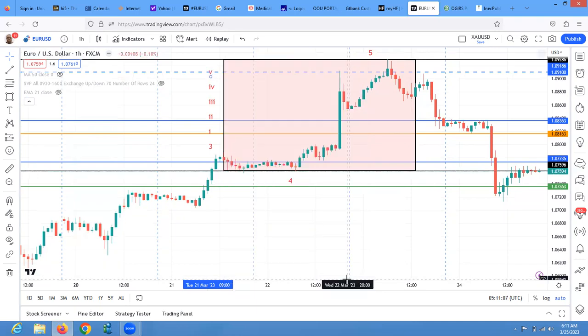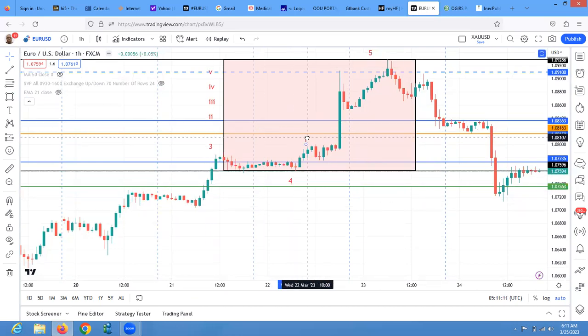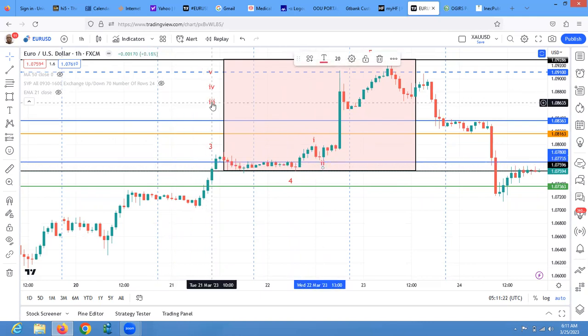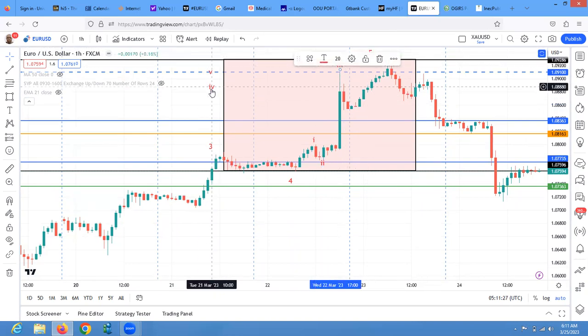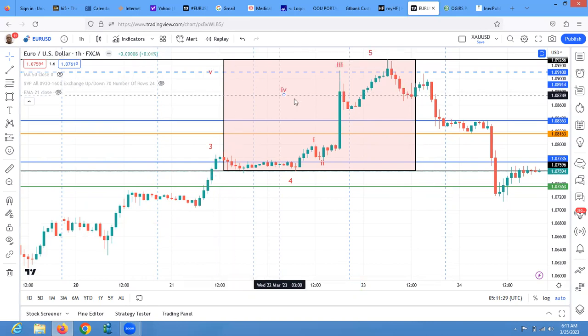So we're going to fix that on the 1 hour. Here is the first move, a 1 on the 1 hour, a 2 correction here, and because an impulse, a 3, and a 4.